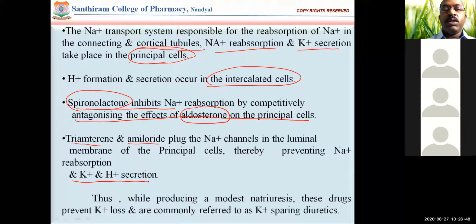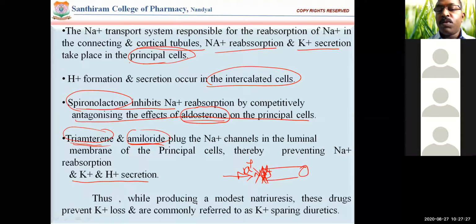So the main mechanism of triamterene and amiloride is that they physically plug the channel, and there is no entry for the sodium ions. So spironolactone acts by the aldosterone mechanism, whereas triamterene and amiloride act as a plug at the channel and then prevent the sodium ions.